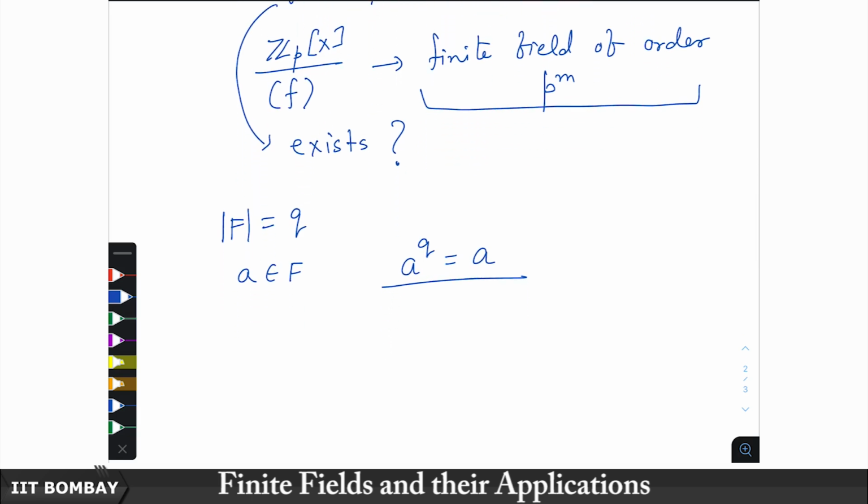Suppose A is 0, then it is obvious A power q is A, because 0 equals 0.